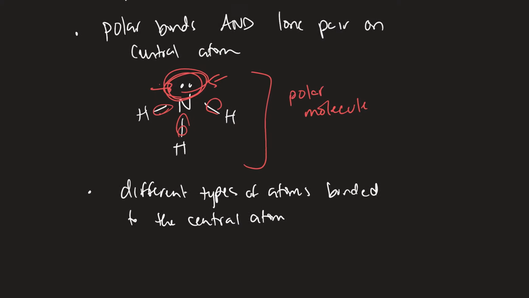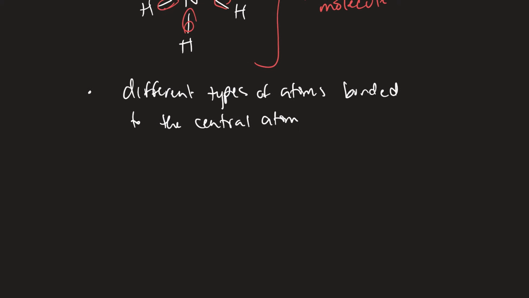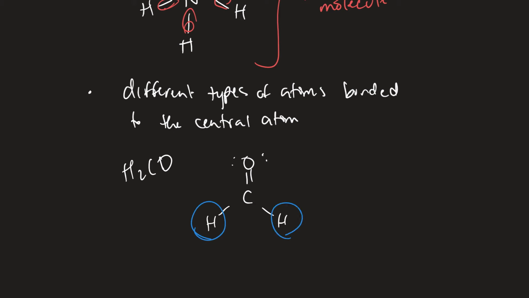Okay, an example of this is H2CO, right? H2CO looks like this. You have hydrogens here, but then you also have an oxygen here. So you have two different types of atoms bonded to our central atom, our carbon.